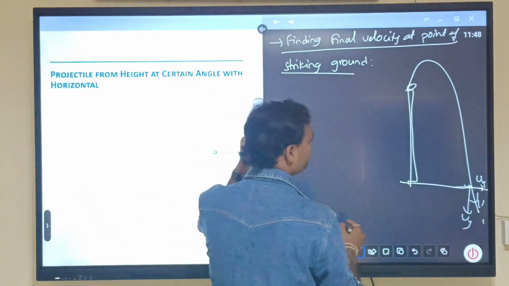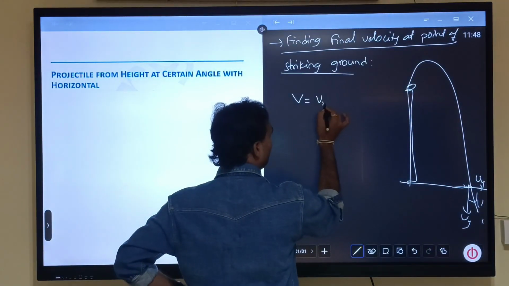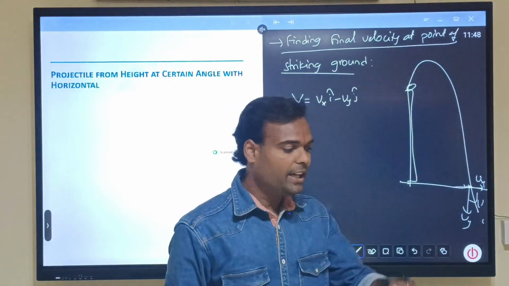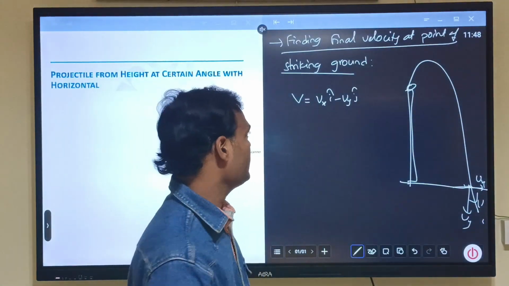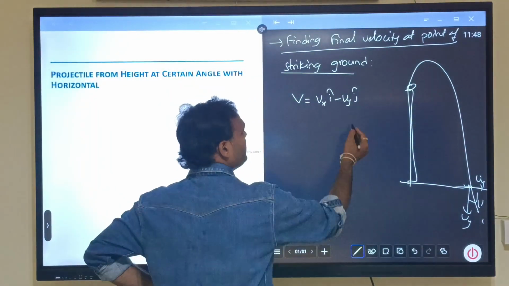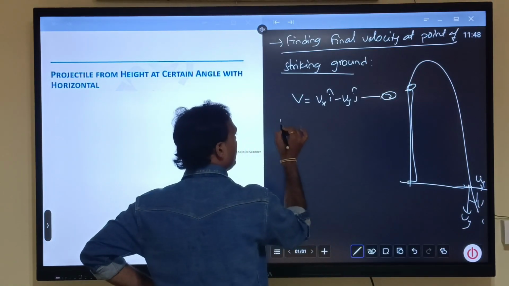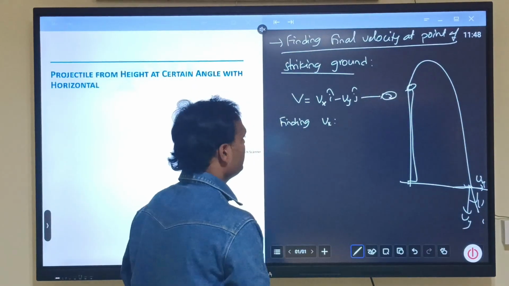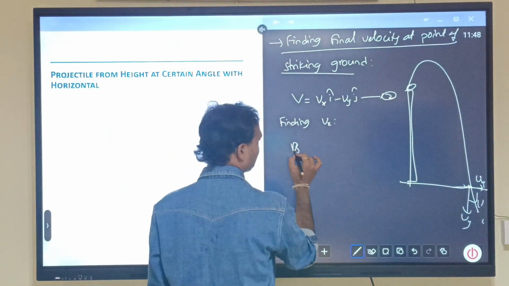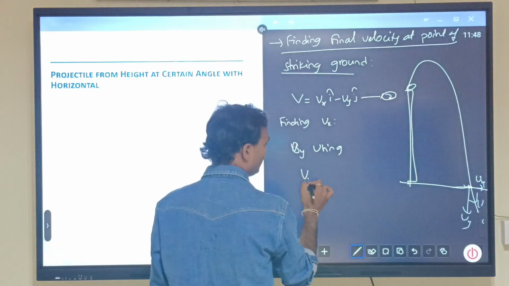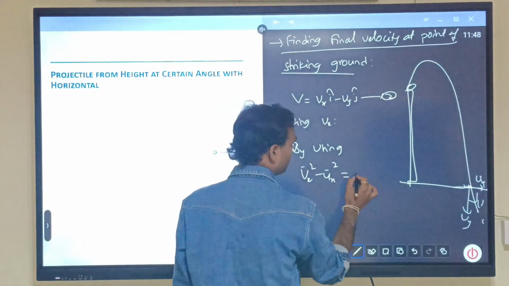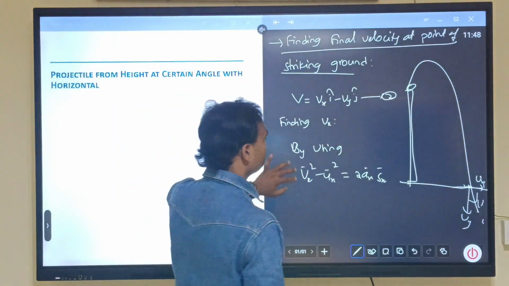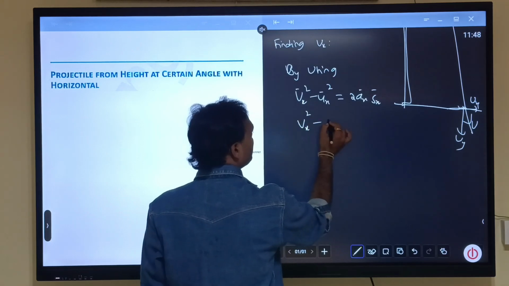Clear? Now, the velocity vector is equal to Vx i minus Vy j, because Vy is in the downward direction and Vx is in the rightward direction. We consider Vx as positive and Vy as negative. Let it be equation number 2. How can we find the Vx value? By using Vx square minus ux square equals 2 ax sx.